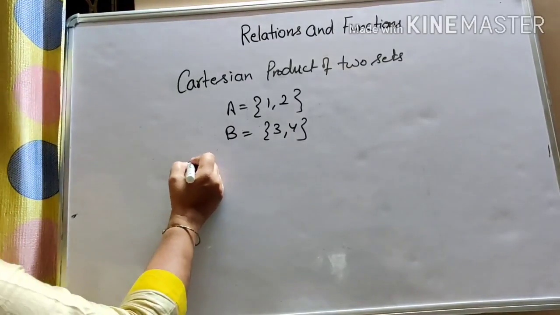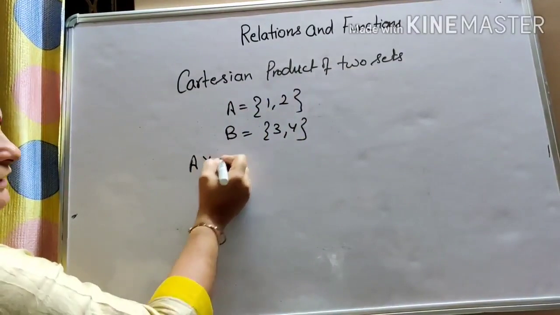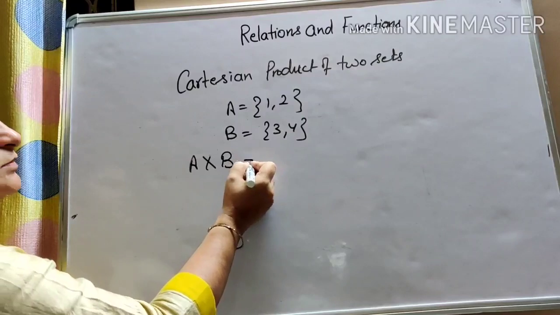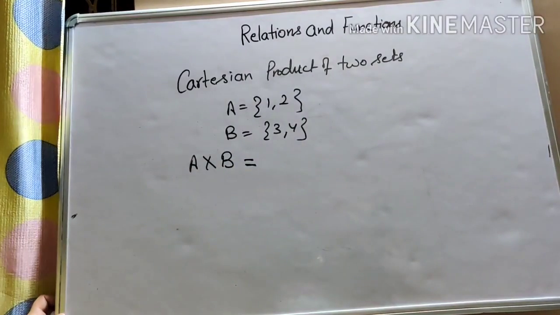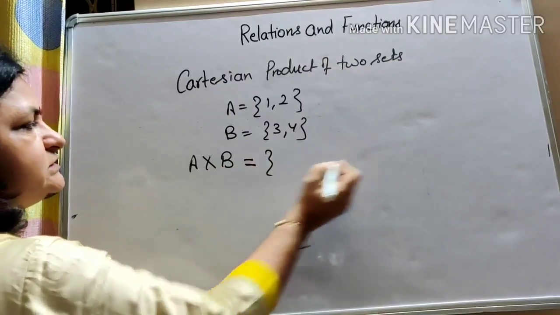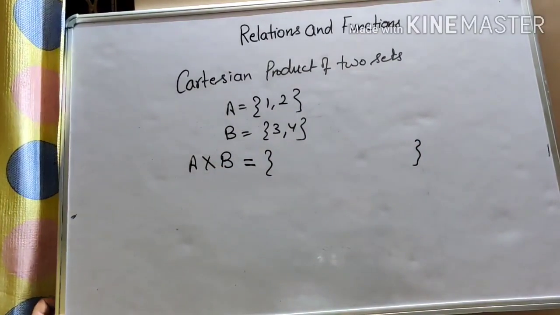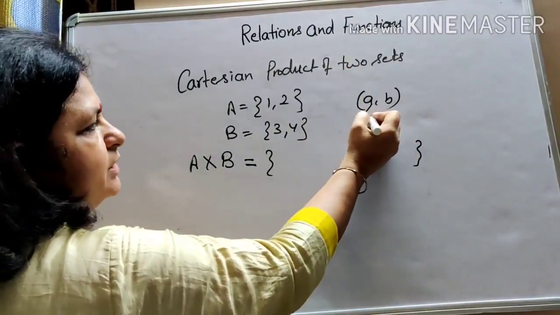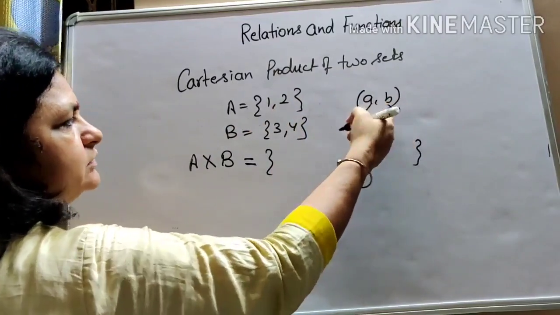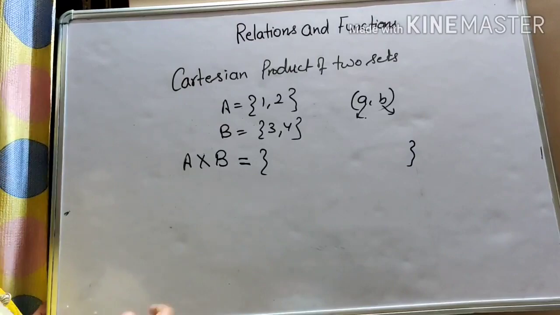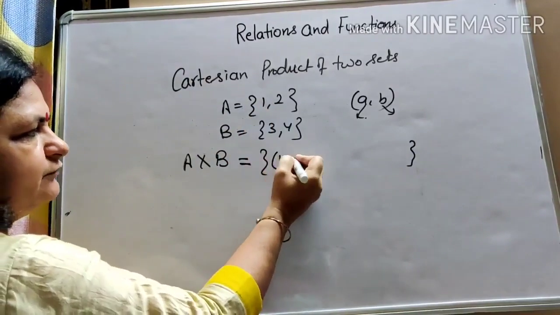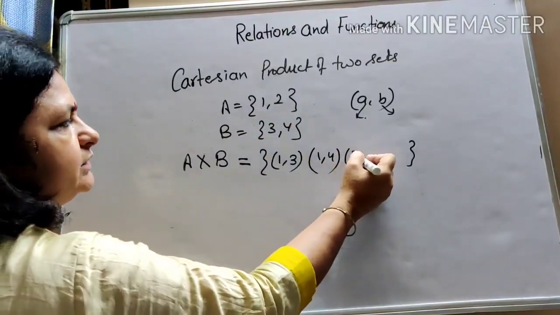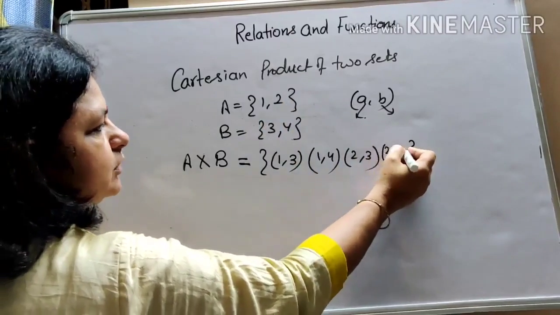The Cartesian product of A and B is denoted as A cross B. It is equal to the set of all ordered pairs (a, b), where a belongs to set A and b belongs to set B. The ordered pairs will be (1, 3), (1, 4), (2, 3) and lastly (2, 4).